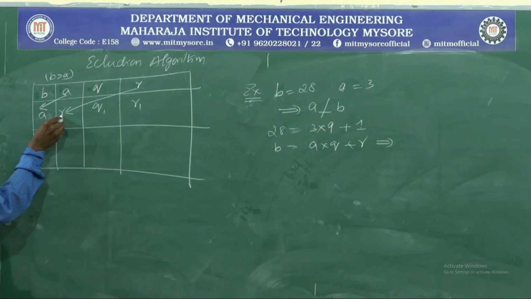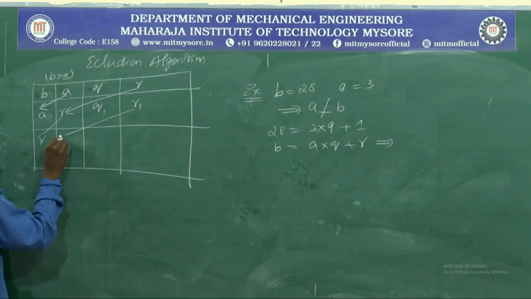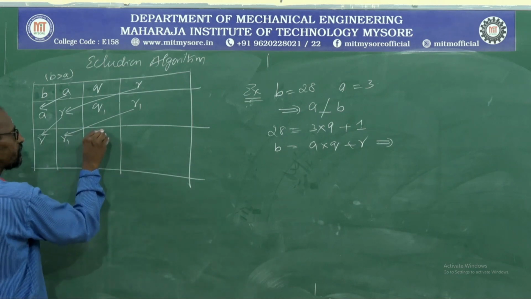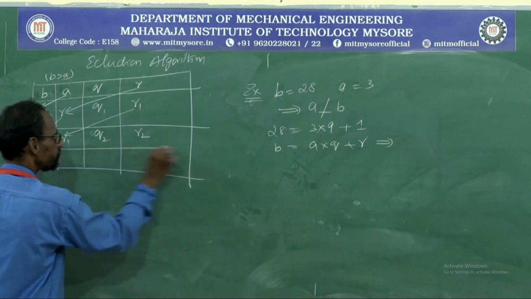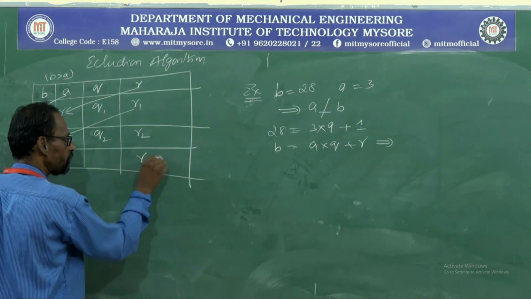Again, follow the same procedure. Replace B by A and A by R1. Apply the procedure again, get Q2 and R2. You follow this procedure until your R becomes 0.